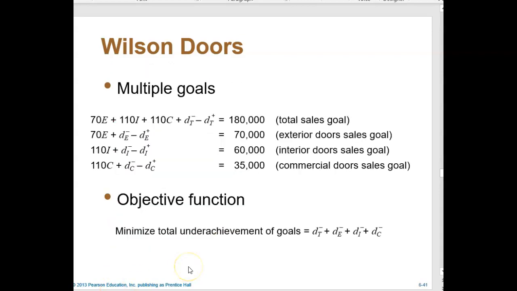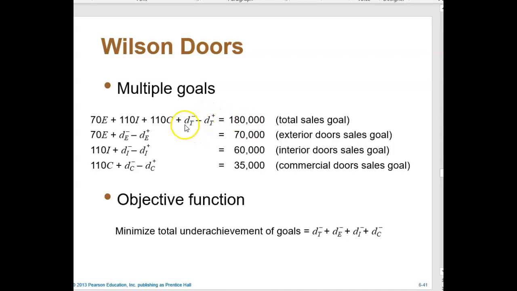Next, we're going to use the previously defined deviation variables to help express our goals as mathematical equations. So the first goal was the total sales goal, and the target was 180,000. So the total sales expression, which was also our original objective function for the LP model, 70e plus 110i plus 110c plus the negative deviation minus the positive deviation should be equal to 180,000.